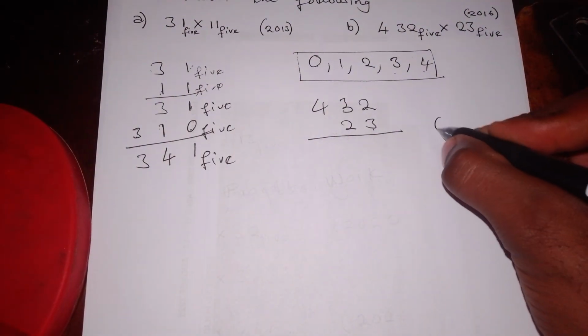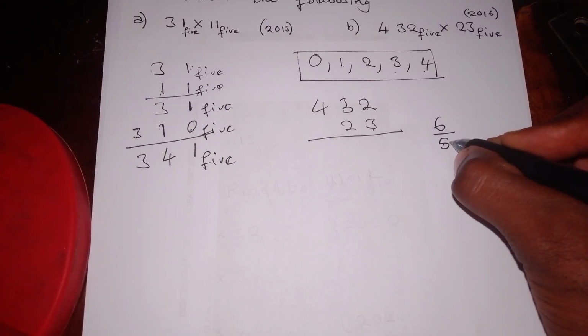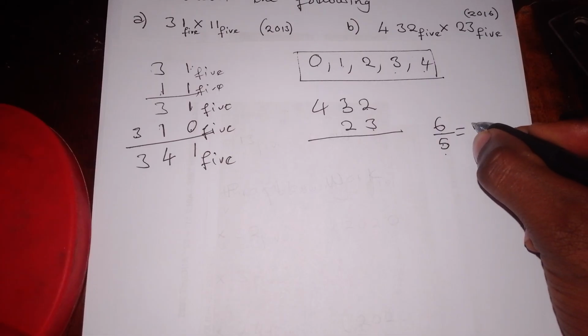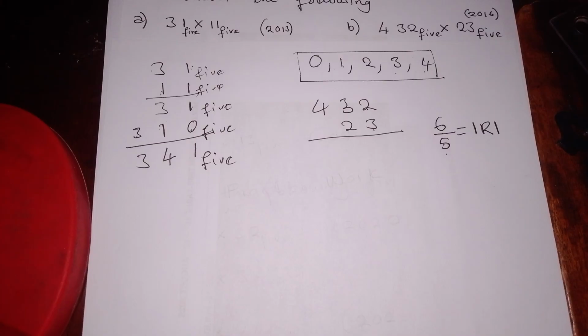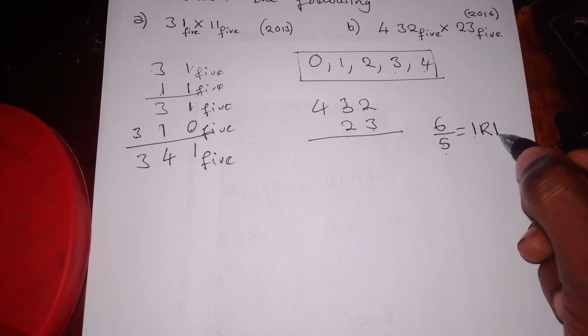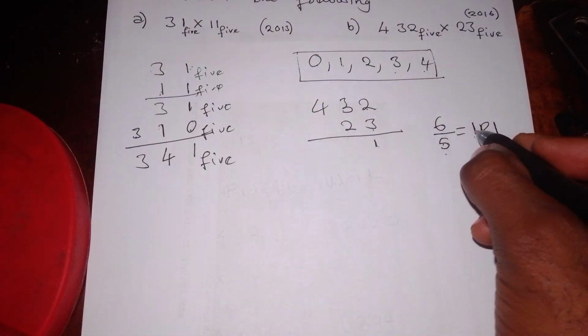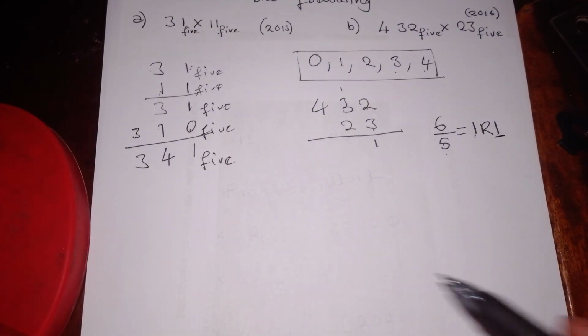So you can just divide that 6 by 5 because we're in base 5. So 5 into 6, you have a 1 and a 1. So it's a 1, remainder 1. So what you do here is you write the remainder. This is the remainder. And then you can carry this digit over to the next number.